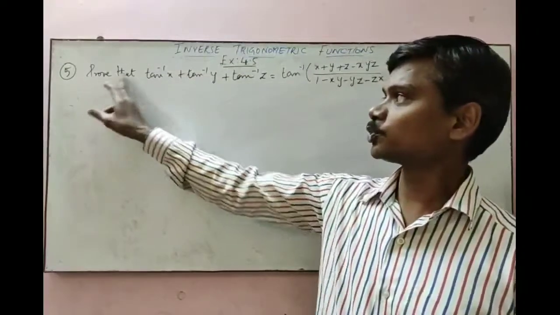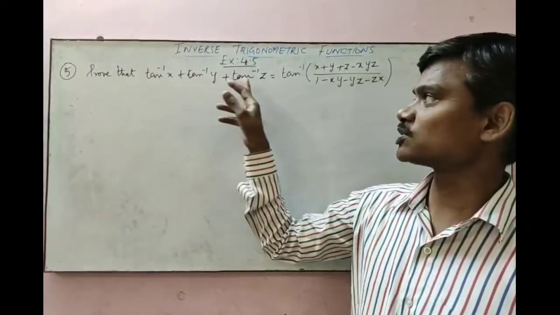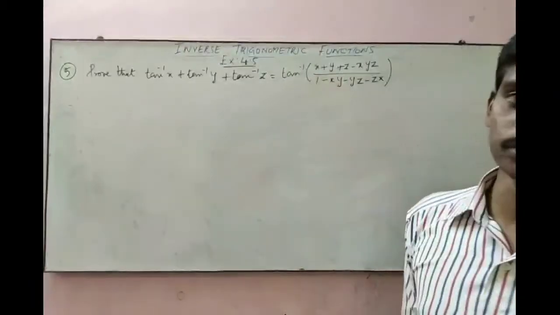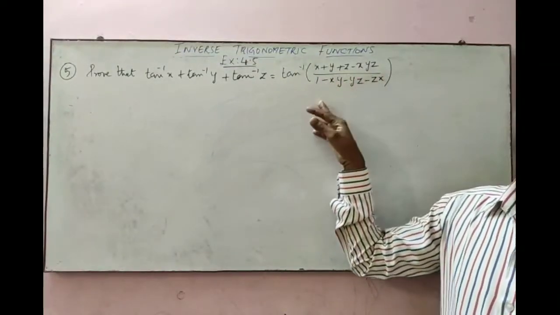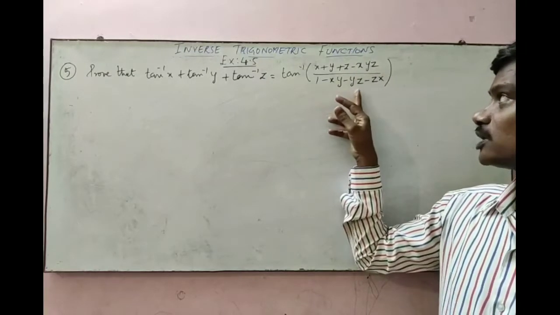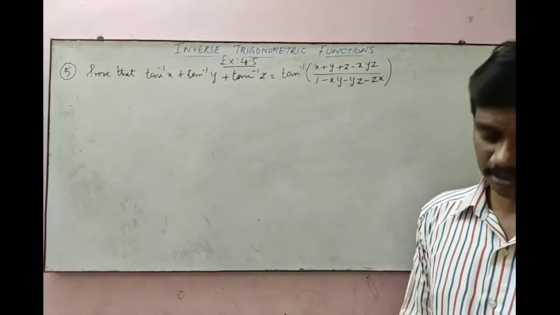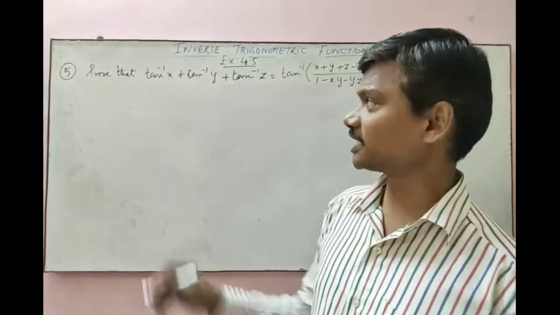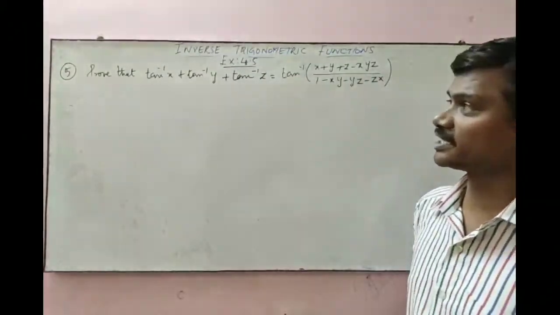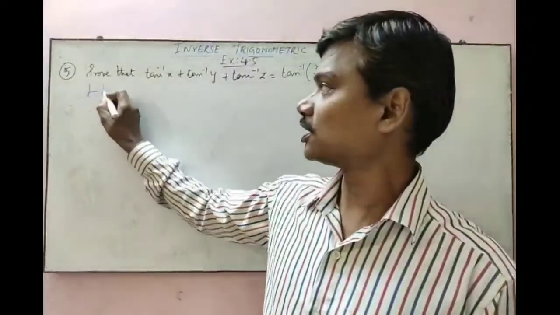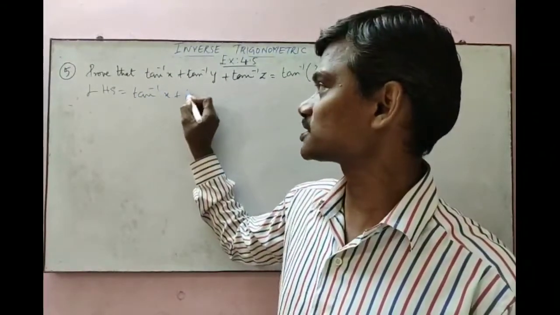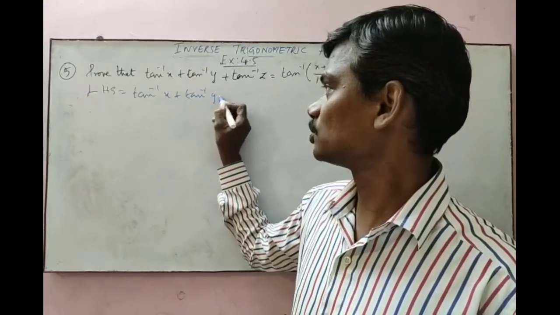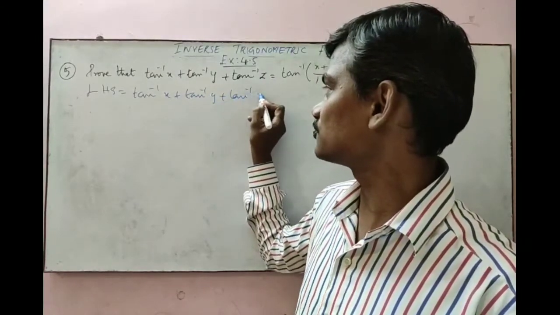Next, in the fifth sum, prove that tan inverse of x plus tan inverse of y plus tan inverse of z equal to tan inverse of x plus y plus z minus xyz by 1 minus xy minus yz minus zx. So here we have to take the left hand side and we have to prove the right hand side. So I am going to take the LHS as tan inverse of x plus tan inverse of y plus tan inverse of z.